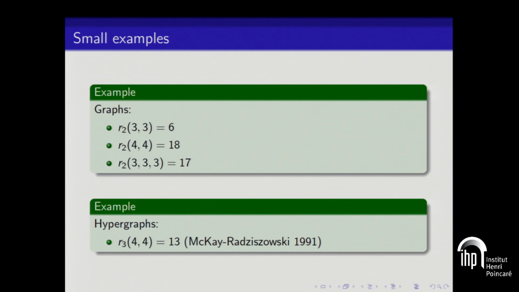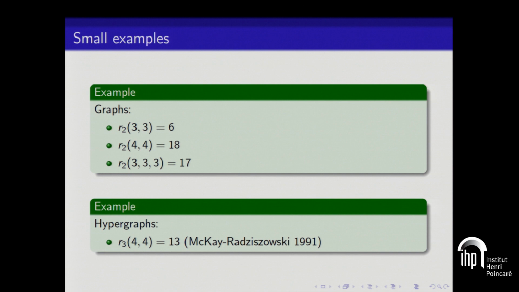R(3,3) is 6, we all learned when we first learned graph theory, and there's a couple more diagonal Ramsey numbers. I didn't define multicolors, but it's the natural definition. You have more than 2 colors. And for hypergraphs, there's only one exact result for diagonal numbers, the smallest possible result. When k is 3 and s and n are both 4, it's 13.